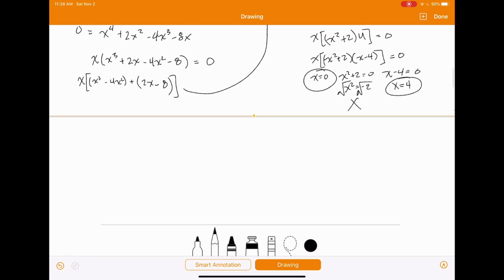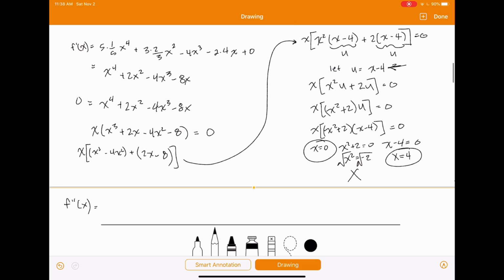Now we need to determine if they're mins or maxes. So we need to find the f double prime of x. So we're just going to take the derivative of the first derivative, which was this right here. All right, so we're going to get 4x cubed plus 4x minus 12x squared minus 8.